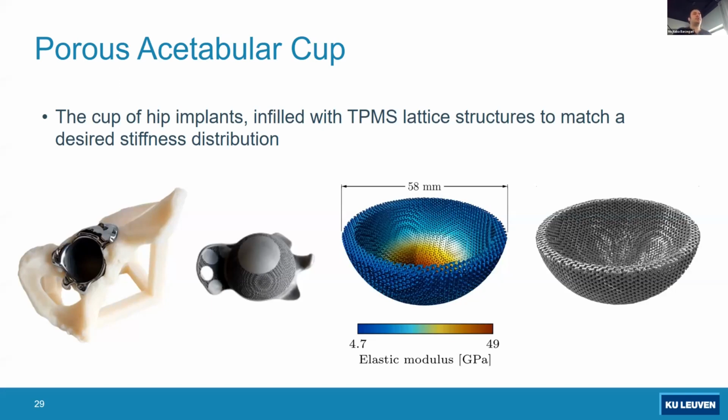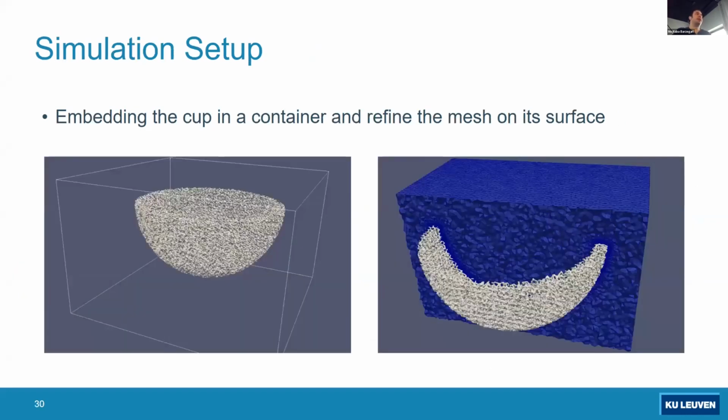This is the output of a topology optimization code, and then we want to see how this degrades in a solution or in the body. So we embed it inside a container and we generate a mesh on it, and we refine the mesh because the biodegradation code requires a refined mesh on the interface. These are all done using the pipelines that I showed you.